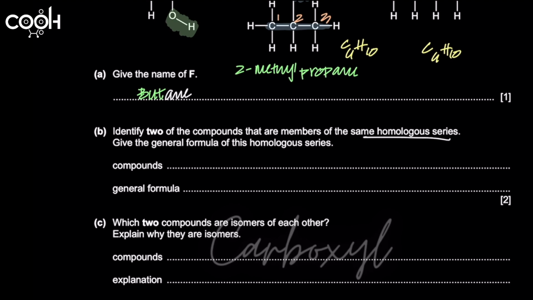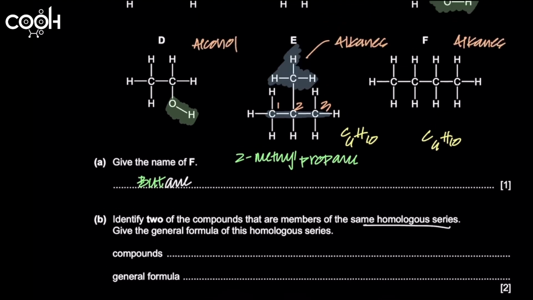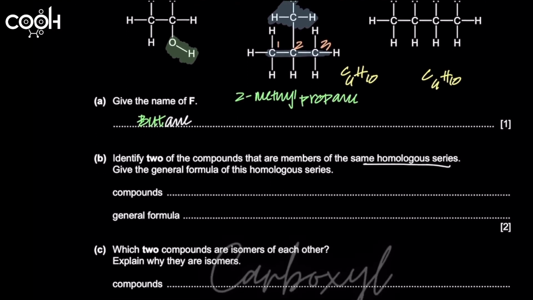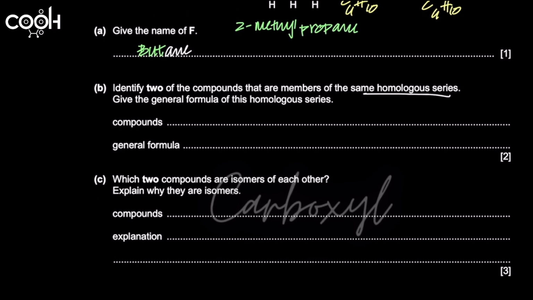Identify 2 of the compounds that are members of the same family, same homologous series, and give the general formula of this homologous series. Which 2 compounds belong to the same family? Well, A and B belong to the same family. They are both alkenes and they have a general formula of CnH2n. And obviously E and F belong to the same homologous series. They are both alkanes and both have the same general formula, which is CnH2n+2, right? Where n indicates the number of carbon atoms.